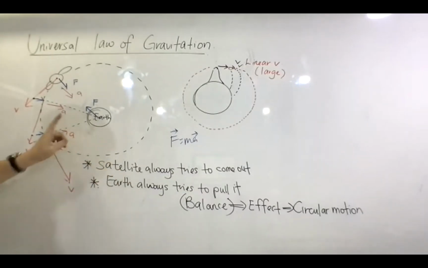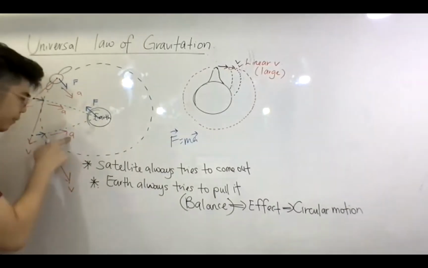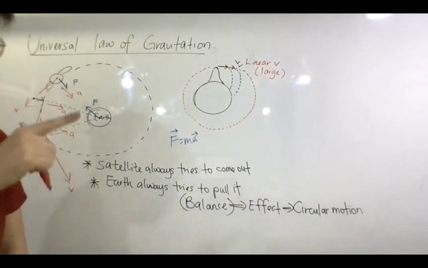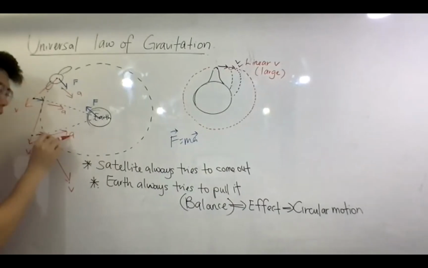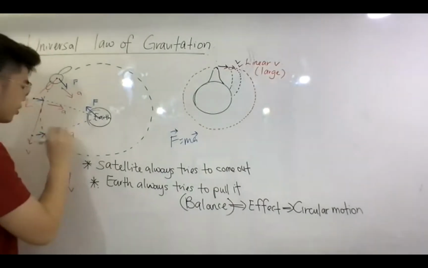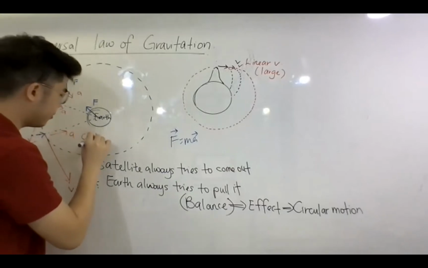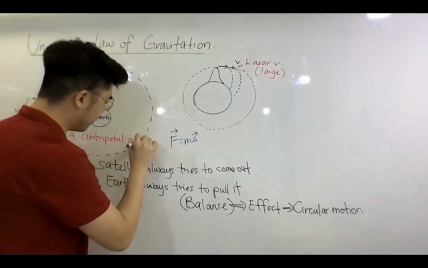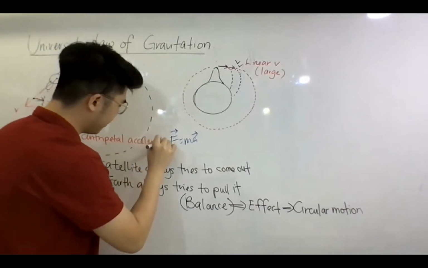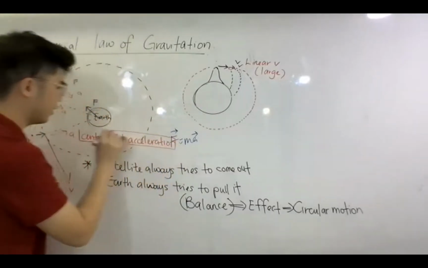Okay? This acceleration, we give it a name. What do we call it? Because this acceleration is the acceleration that keeps it in circular motion. It is the force that creates the acceleration to keep it in circular motion. So this, we call centripetal acceleration.